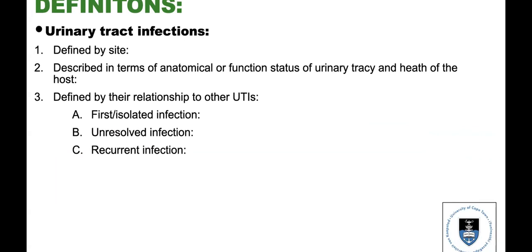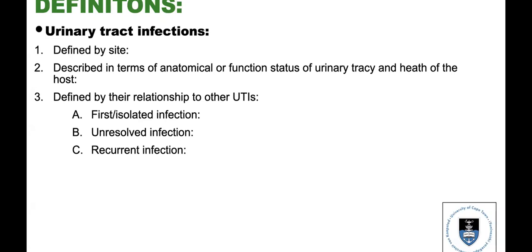We can also define urinary tract infections according to their relationship to other UTIs. So a first isolated UTI is a patient who's never had a UTI before, or only has one remote UTI, and the UTI resolves and the patient is fine.